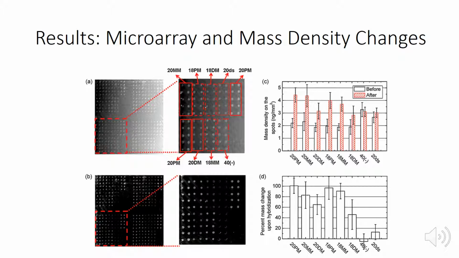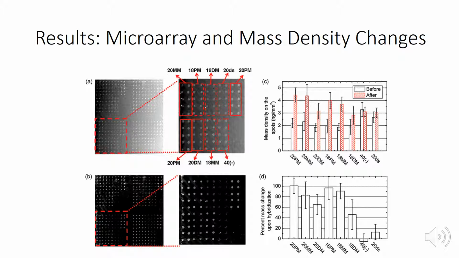In Figure B, we see the after effects of hybridization, where brighter spots represent stronger hybridization and darker spots represent weak hybridization. Figure C quantitatively displays the before and after mass densities of the spots measured by the SRIB. Figure D represents the hybridization efficiency by plotting the percent of mass change upon hybridization.